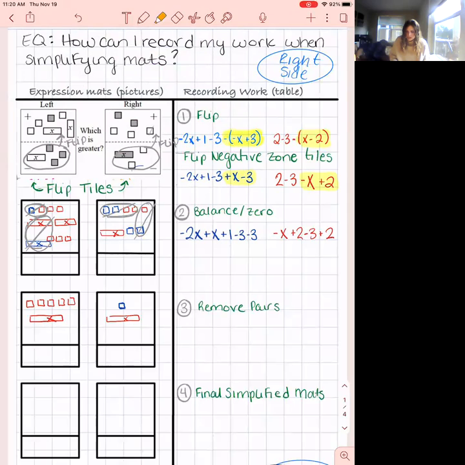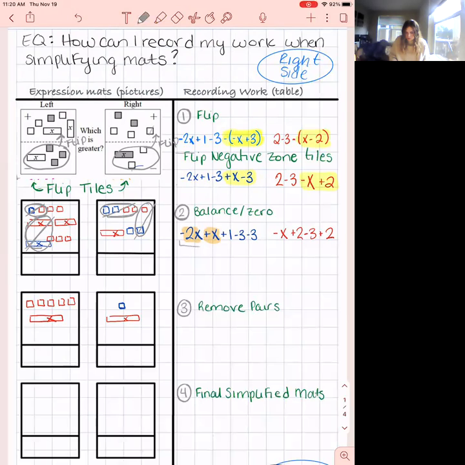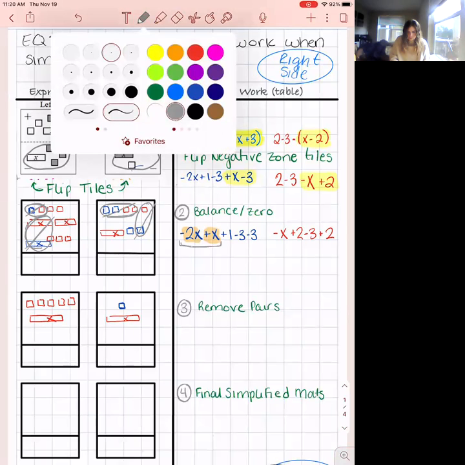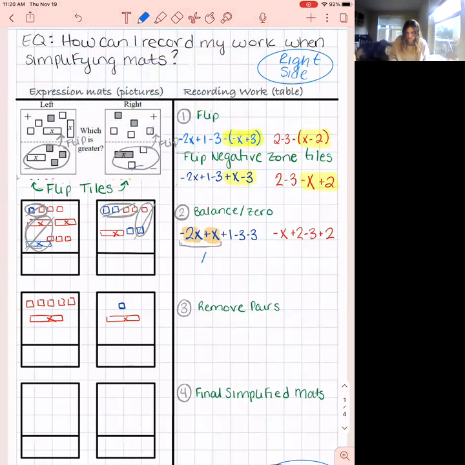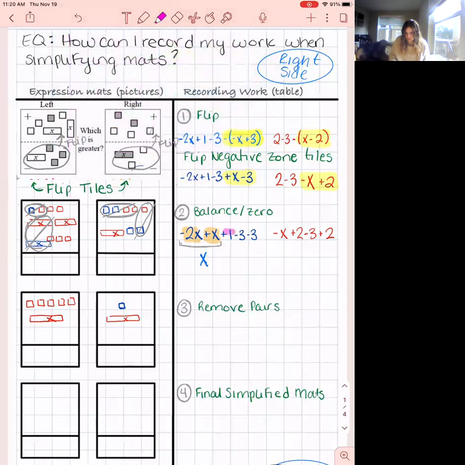So on the blue side, I have negative 2x that I can combine with x. So when I put those together, what am I going to be left with? Hopefully you're saying I'm going to be left with just x. Okay, I also have some units I can combine right here.